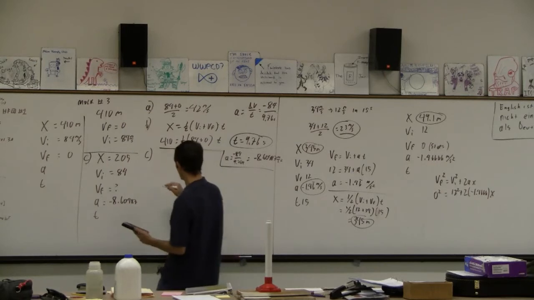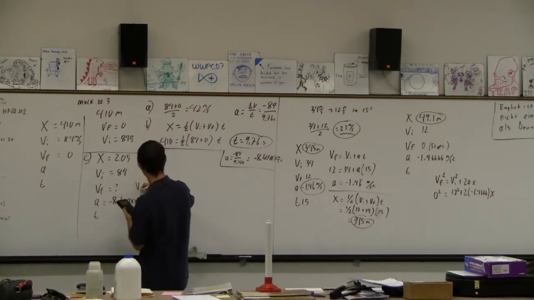Now we can use V final squared is V initial squared plus 2AX.